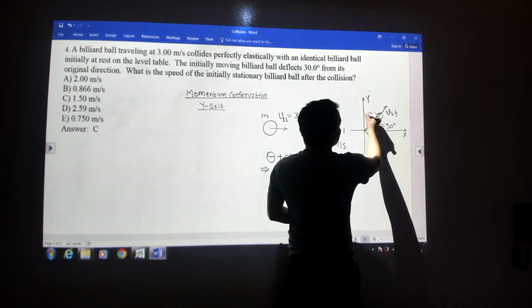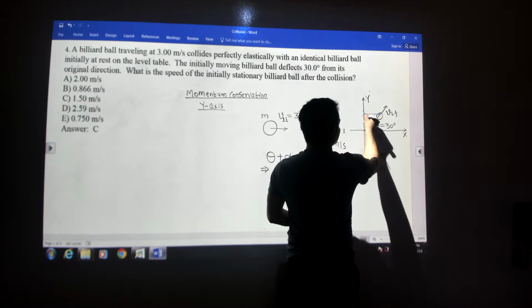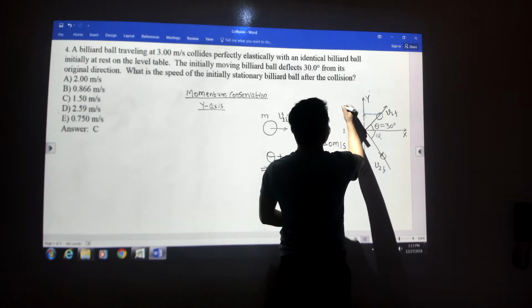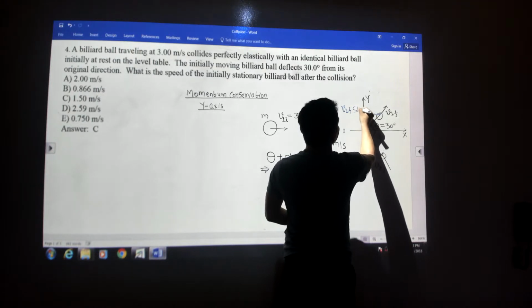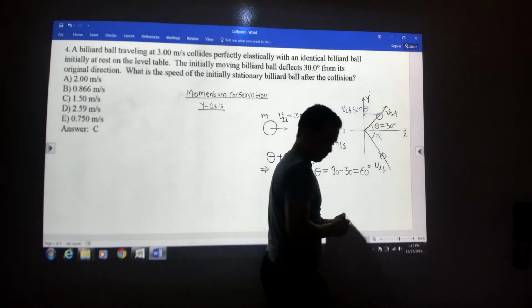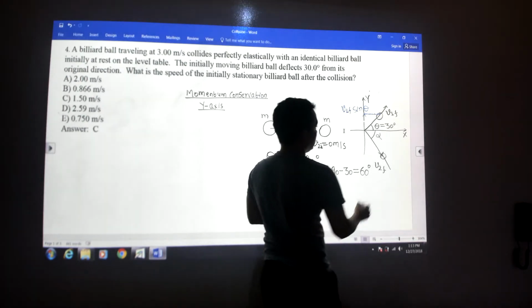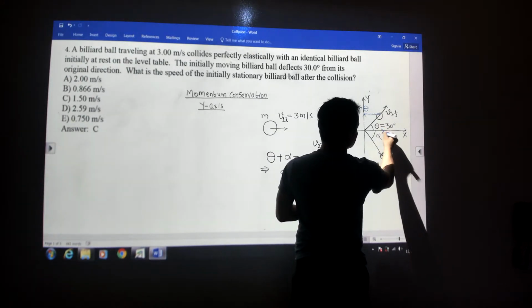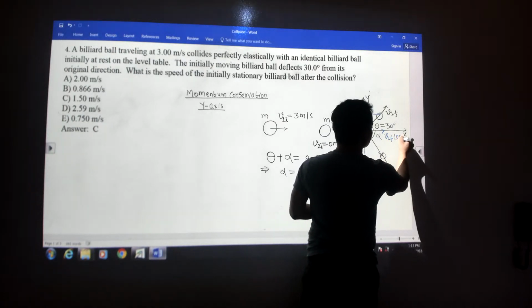The component of this ball along the y-axis is V1F sine theta, and along the x-axis it is V1F cosine theta.